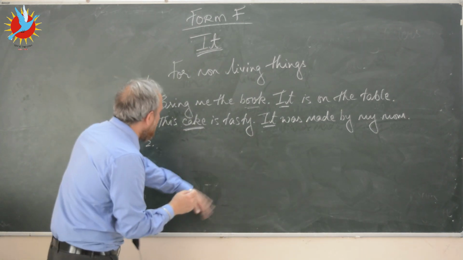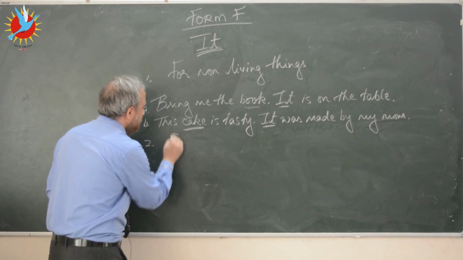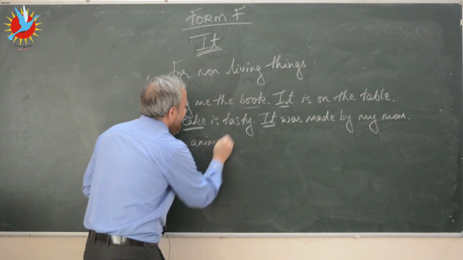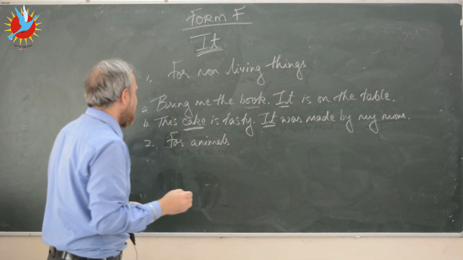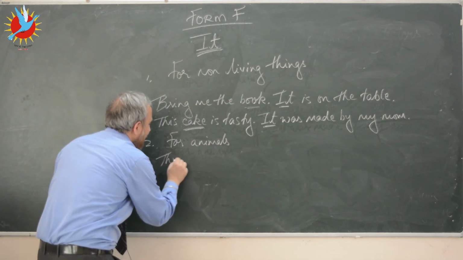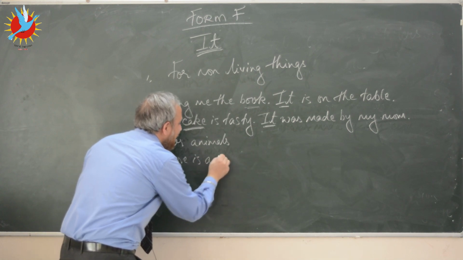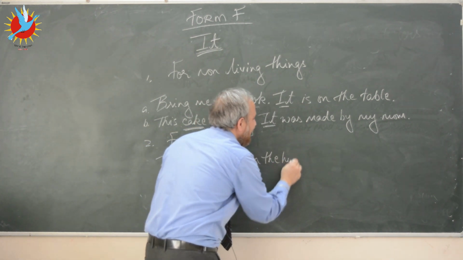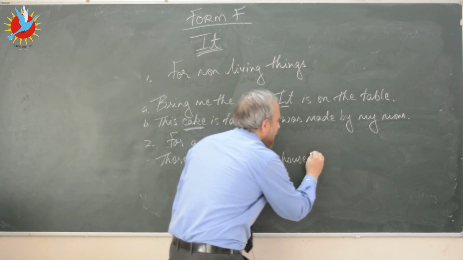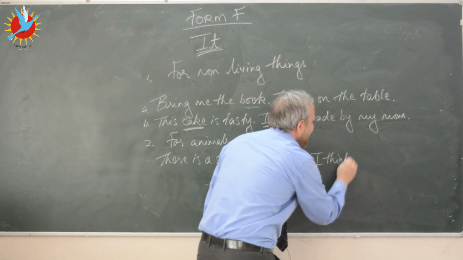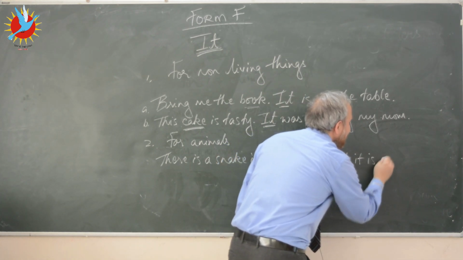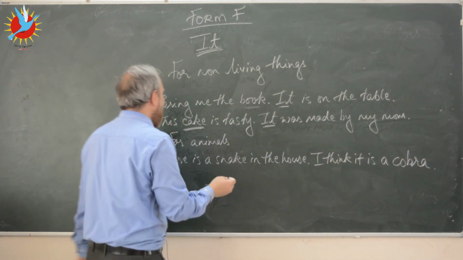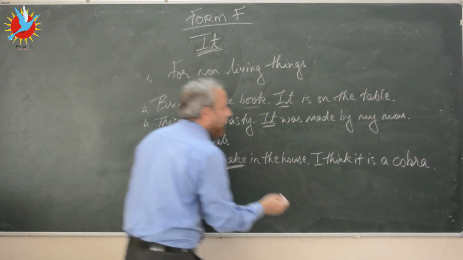You also use it for animals. So let's see how it works. Let's say, there is a snake in the house. I think it is a cobra. Now in place of the noun snake, what have I done?